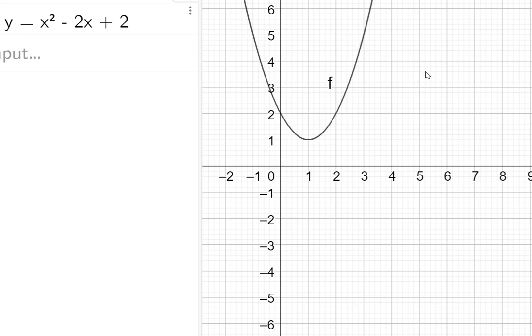Well, it doesn't have roots. It doesn't cross the x-axis, which is what it means to have roots. So what's going to happen here? Well, we know from our work in discriminants and from algebra that we are going to end up with what we have called complex or imaginary roots. And now we're going to look at how we can actually deal with those roots.